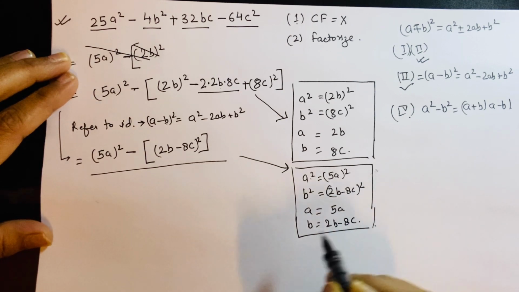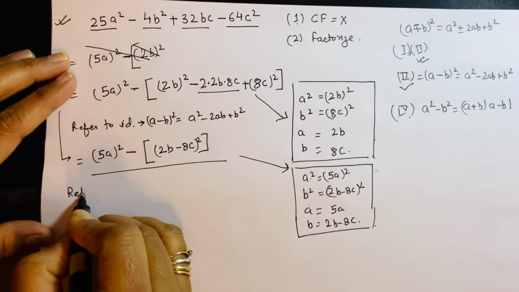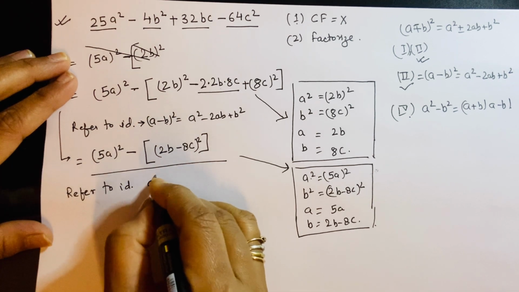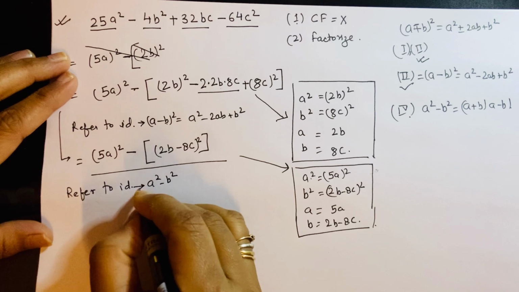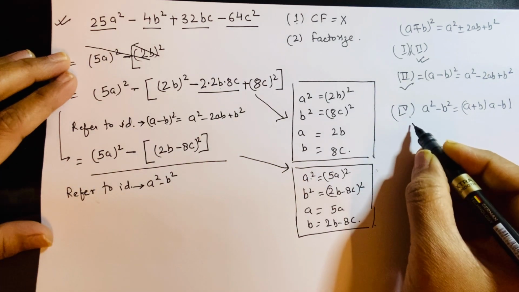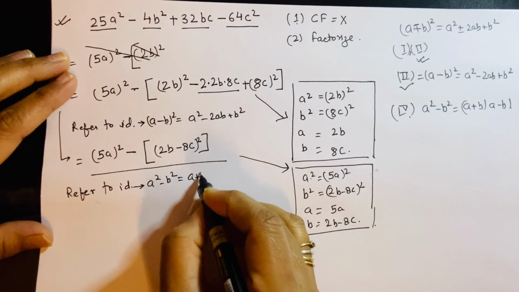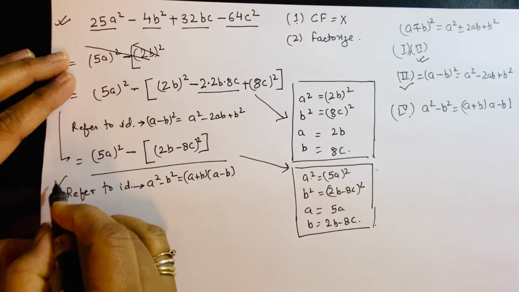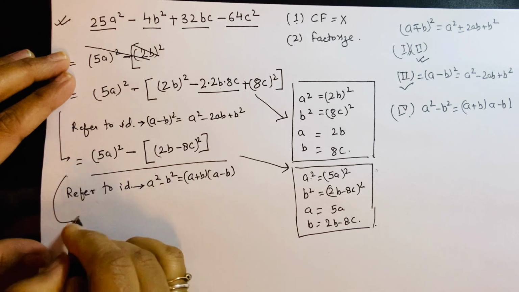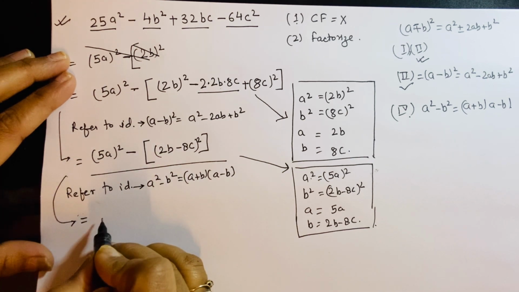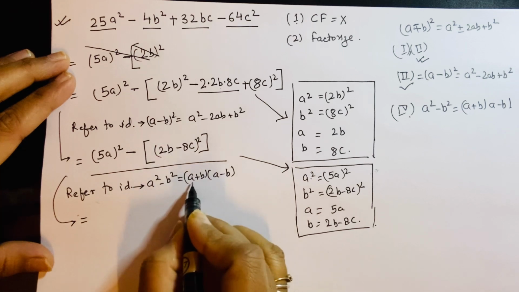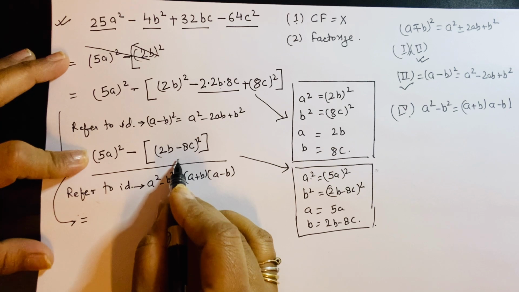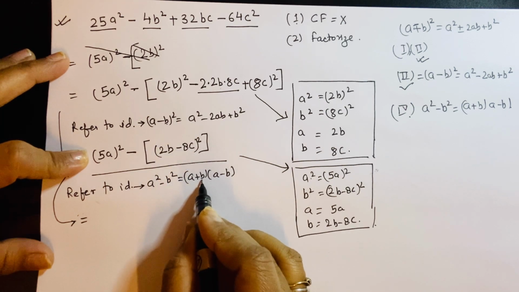So based on this, now you will again refer to identity a square minus b square. Because this is matching with this identity, equal to a plus b, a minus b. We'll solve it further. So you will not put an arrow here, you will only write equal to. So now you have to only put the variables here, like a square minus b square. You have the format, you have to convert it into a plus b, a minus b.